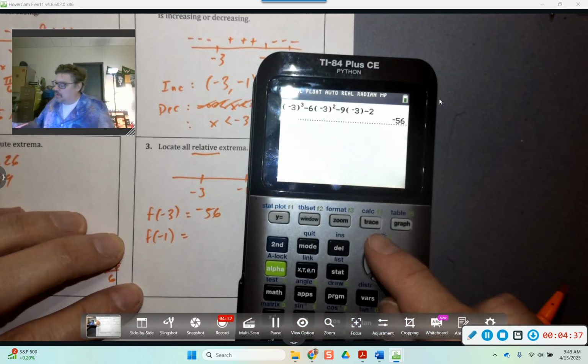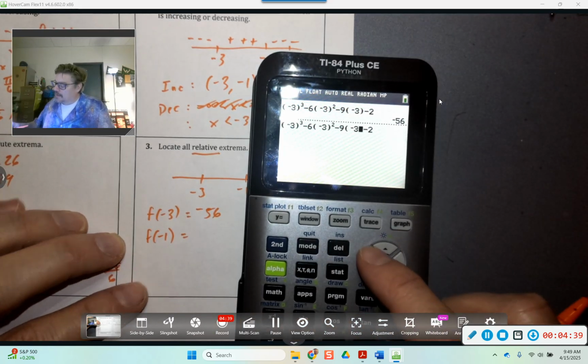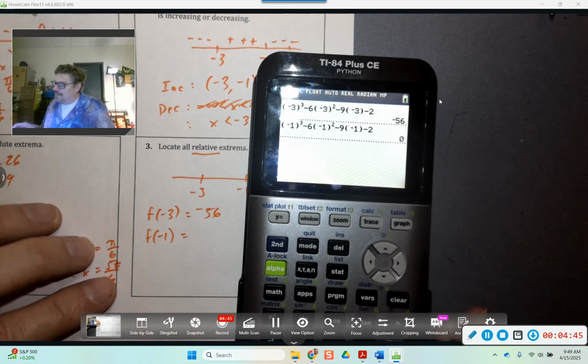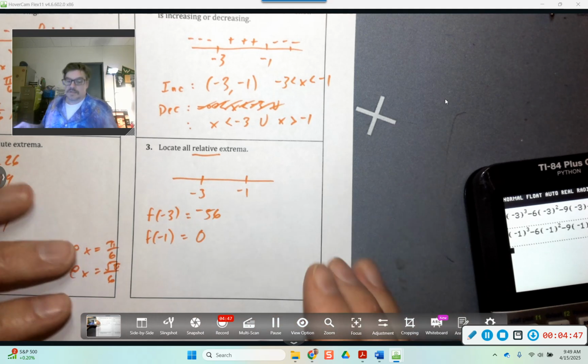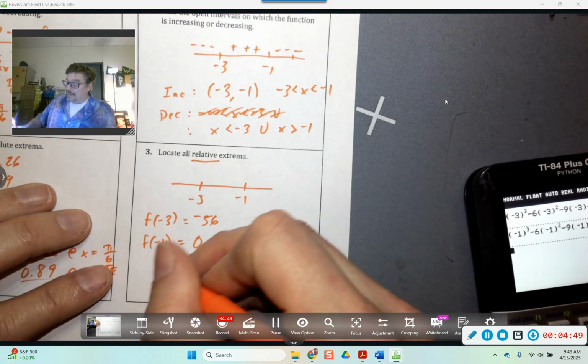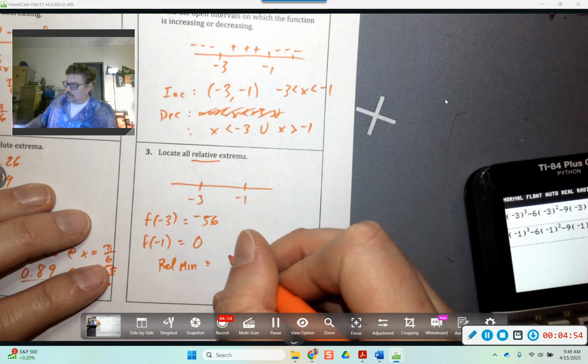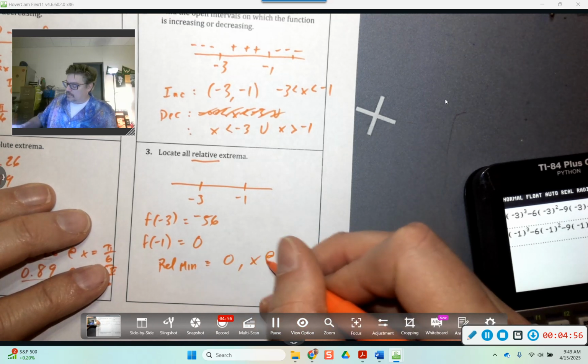All right, now we're going to duplicate that, and we're going to change all these guys to -1. And we get 0. Okay. So it looks like our relative min is 0 at x equals -1.